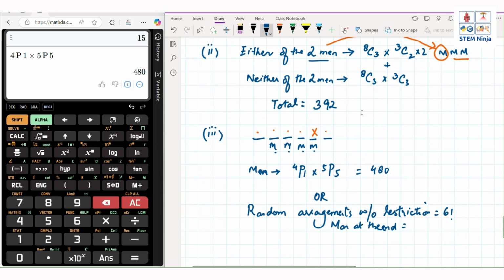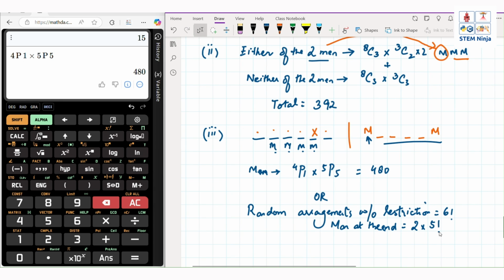So let's say we have the man over here, 1, 2, 3, 4. Yeah. So either of the 2 cases is just times by 2. Now 1 is gone, so that means the rest of the 5 will be women.